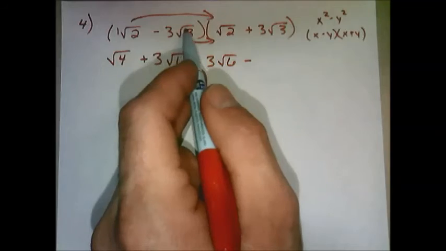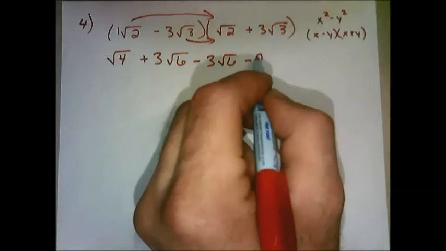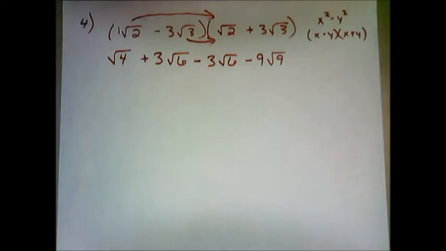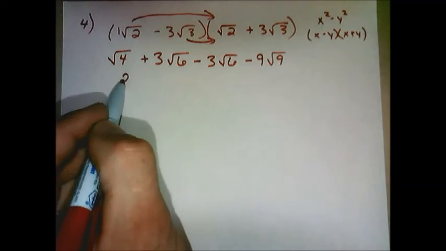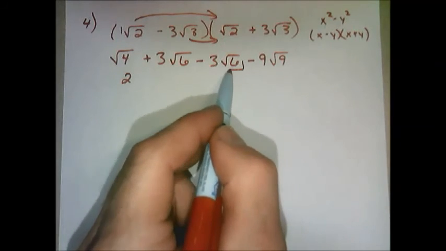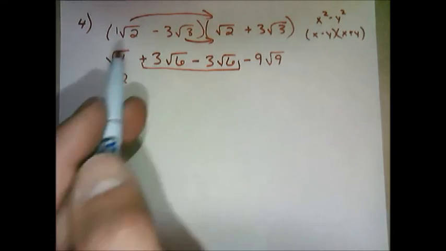And negative 3 radical 3 times positive 3 radical 3 gives me negative 9 radical 9. If I clean this up, I know the square root of 4 gives me 2. 3 radical 6 and negative 3 radical 6, I can combine those since they have the same radicand and the same index.